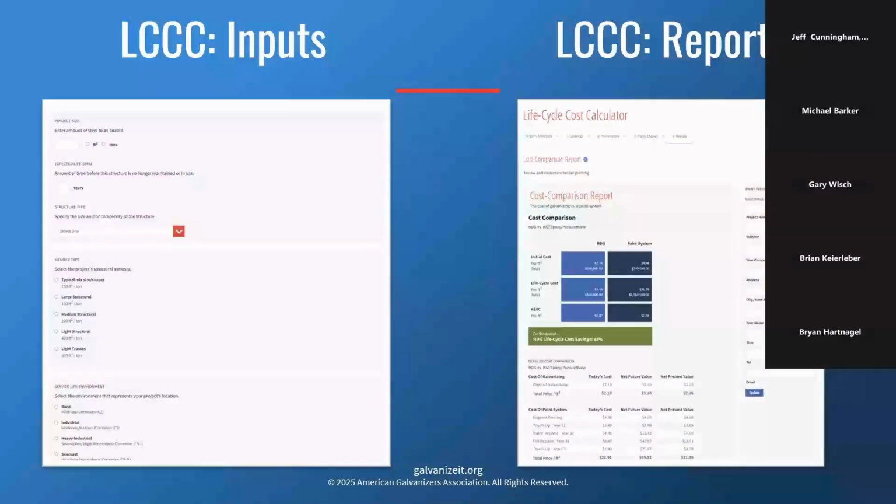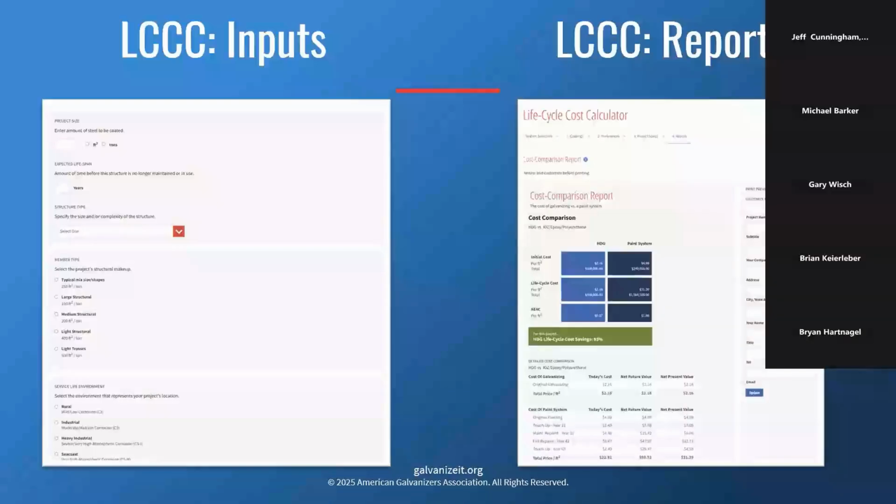We'll show a little example of all the inputs that you can have. The square footage, tonnage, what's the expected use, the design life in years, complexity of the structure, typical sizes and shapes, all the way from light trusses, light structural, to medium.